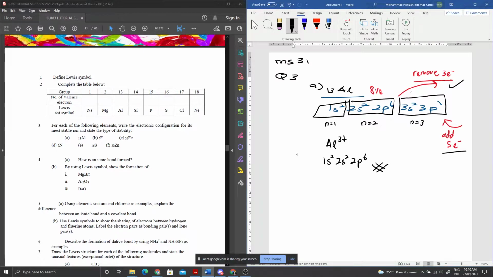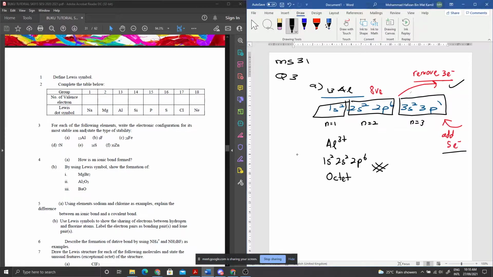And what type of stability? It is an octet. Untuk type of stability, kita ada sama ada octet ataupun duplet. Itu je. And duplet kita only ada untuk helium, and hydrogen pun rarely ada. Most likely helium, lithium, beryllium.